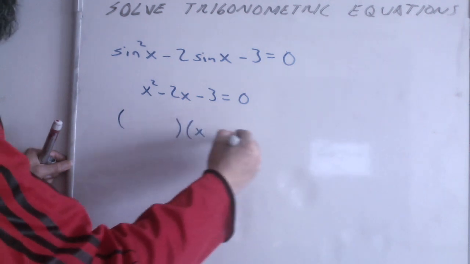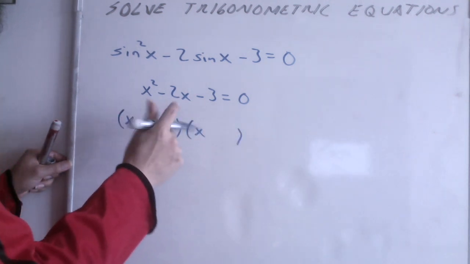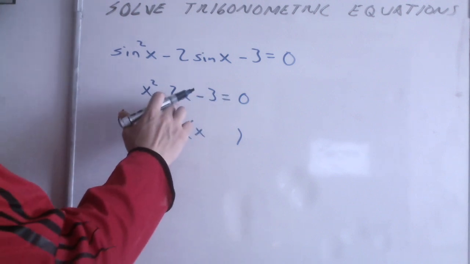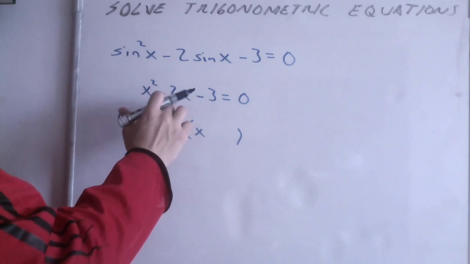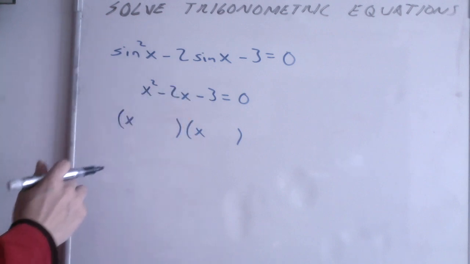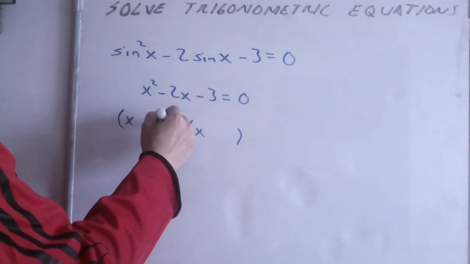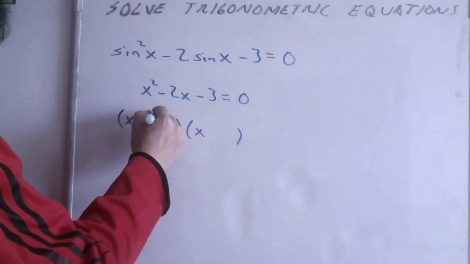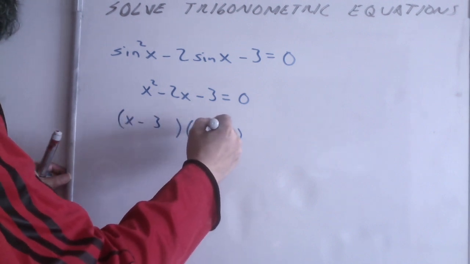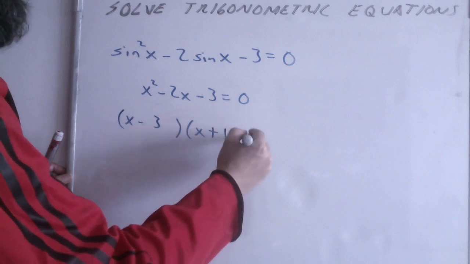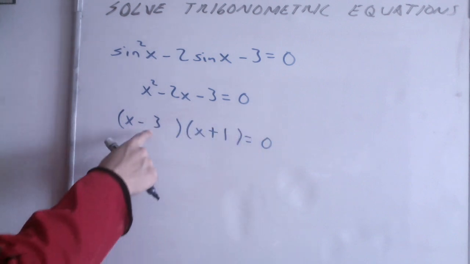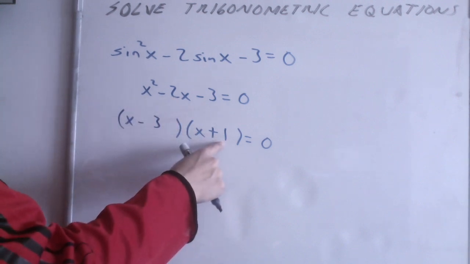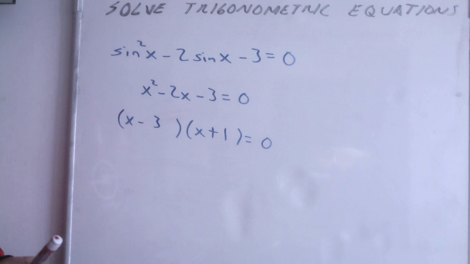I have to find two numbers that multiply to give me negative 3 and add to negative 2. So the answers are x equals negative 3 and x equals plus 1. Why? Because minus 3 plus 1 is negative 2 and negative 3 times 1 is negative 3.